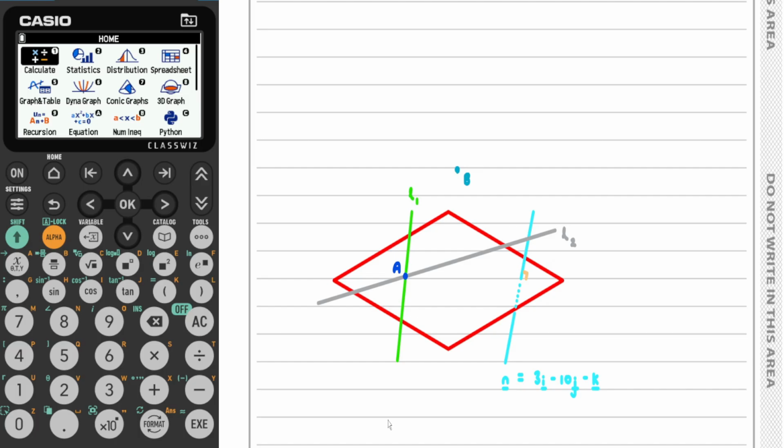We've got some point B, and if I join A and B together, what we need to do is find out the angle in between this line segment and the plane pi. So before we do anything else, let us find that point A.